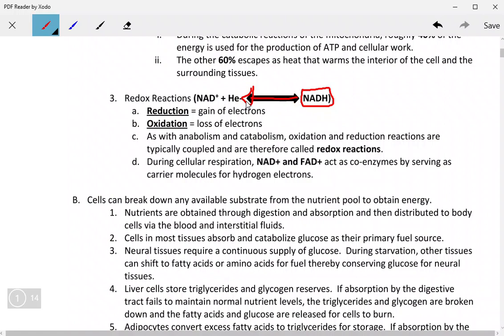So in this case, notice here, we have broken down NADH into what? Its oxidized form, NAD plus, and the hydrogen electrons. Okay? So be prepared to answer questions like this. Know this example. It doesn't matter which way I put the arrow. Know which direction is a reduction reaction versus the oxidation reaction.